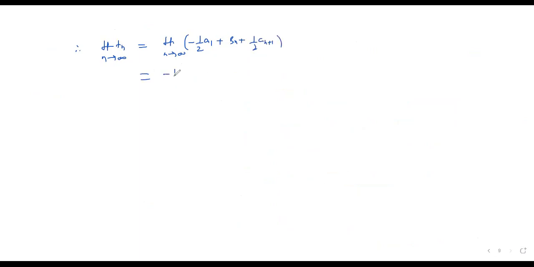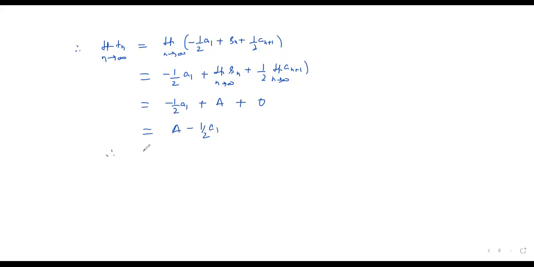So that would be, this has nothing to do with the limit, plus limit n approaches infinity Sn plus 1 by 2 into limit n approaches infinity an plus 1. So this is minus 1 by 2 A1 plus this is A plus this is 0. So it is actually A minus 1 by 2 A1.